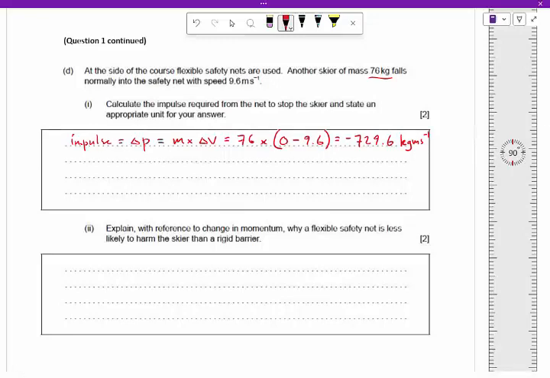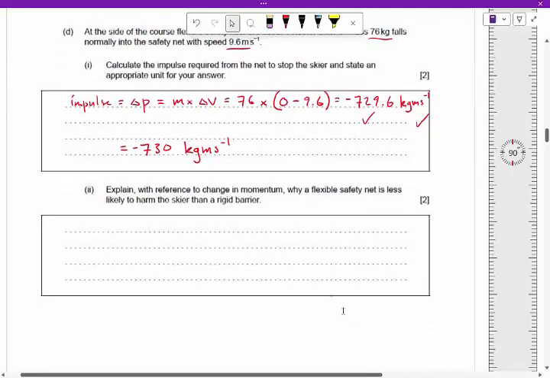Okay, the minus sign is not required for the mark, but the correct unit gives 1 mark, and the correct calculation and answer gives another mark. We haven't rounded this correctly, so let's round it correctly. So that's equal to negative 730 kilogram meters per second. Two significant figures is sufficient because that's the data that was provided.